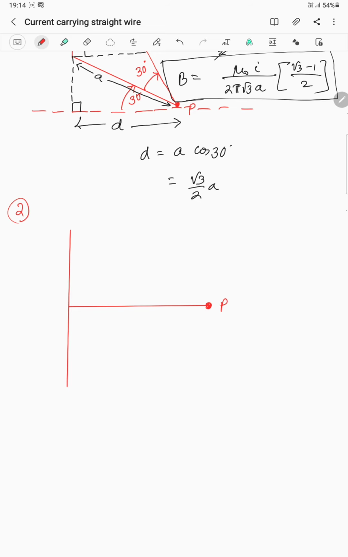In the question itself, it is given that the current goes in this fashion. The first line makes an angle of 60 degrees, and this angle is given as 30 degrees. It is asked what is the magnetic field at point P. For that, it is quite obvious.